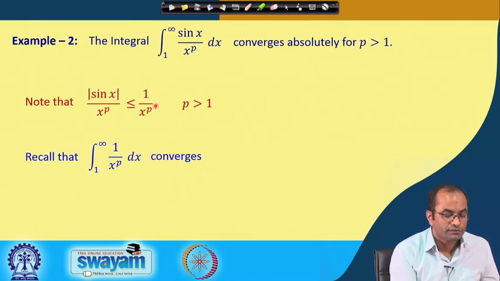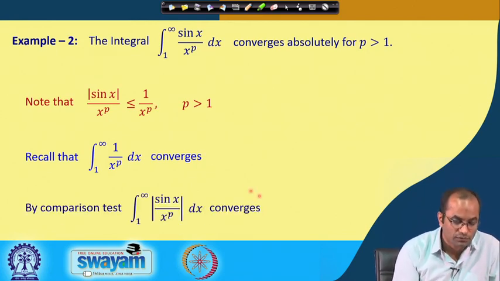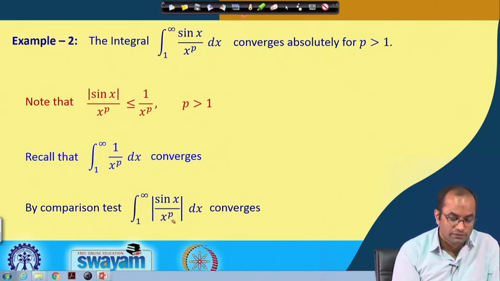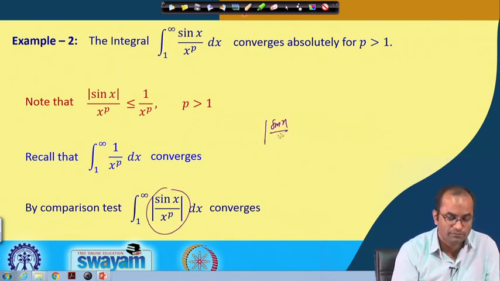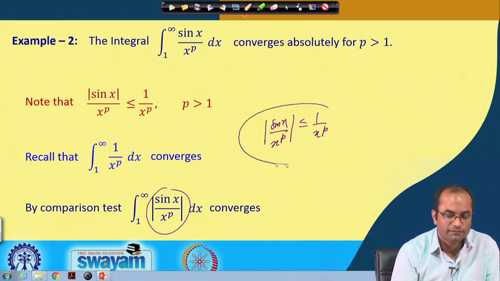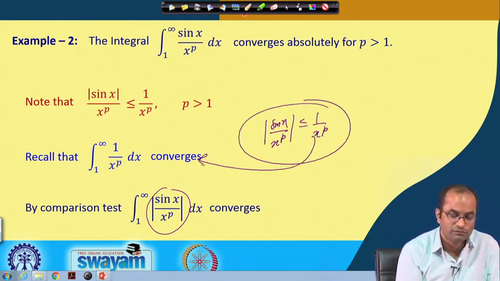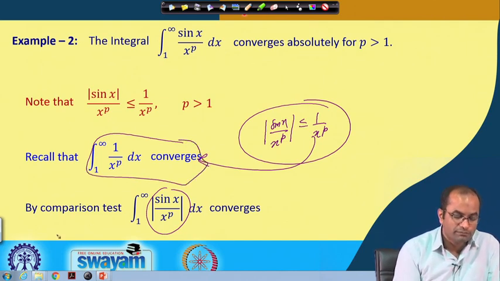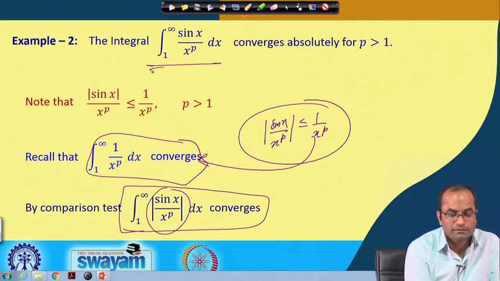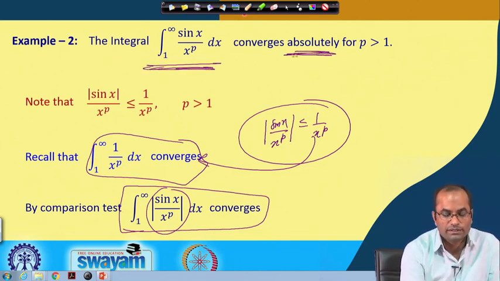So, the integrand, sin x over x to the power p, was less than or equal to 1 over x to the power p, and we know the result that the integral of 1 over x to the power p from 1 to infinity converges. Therefore, by the comparison test, we have shown that this converges, meaning that this integral, in other words, converges absolutely.